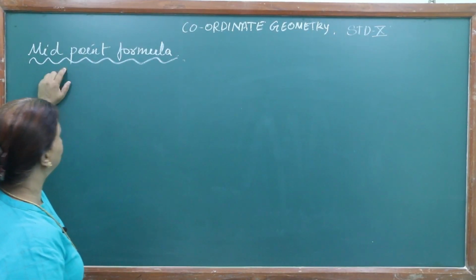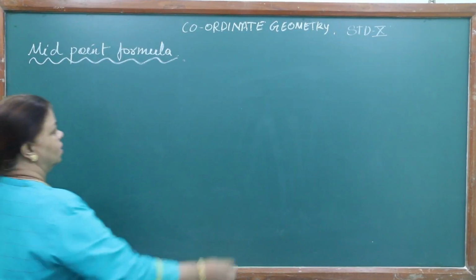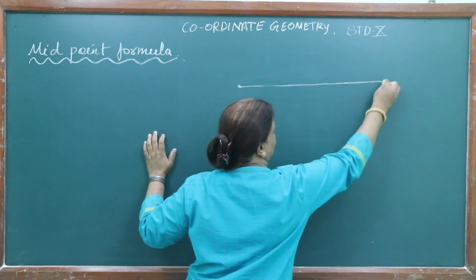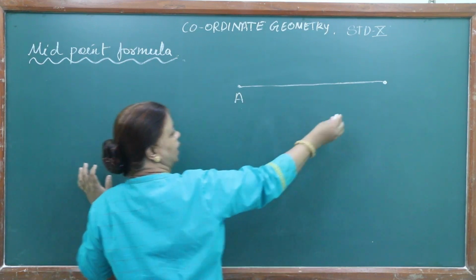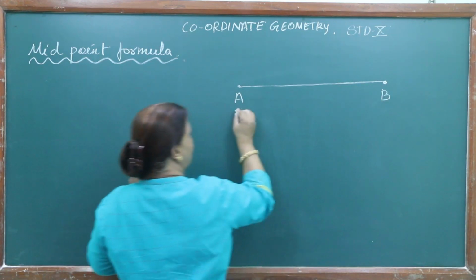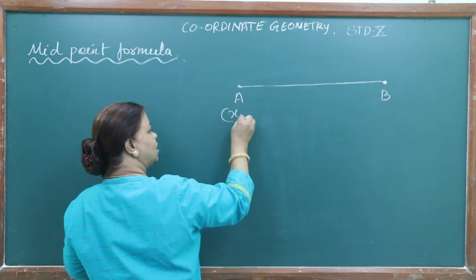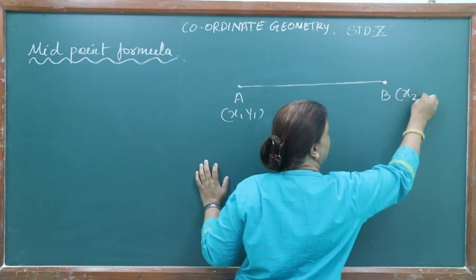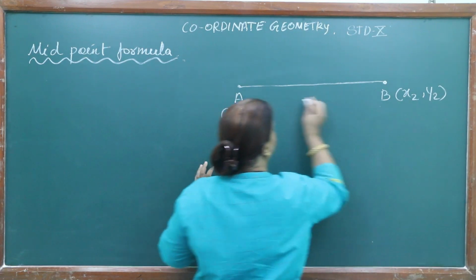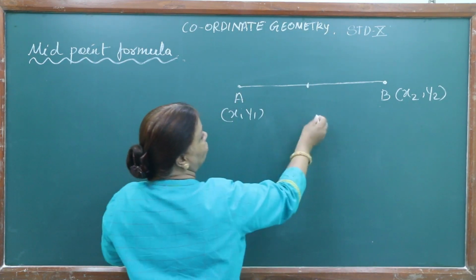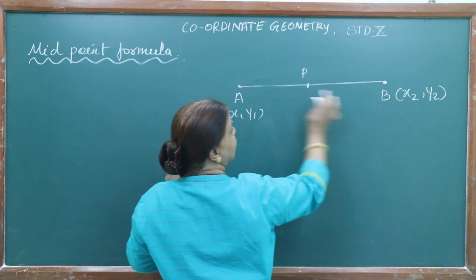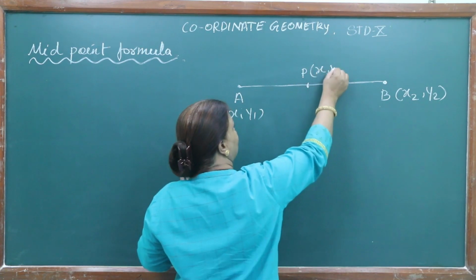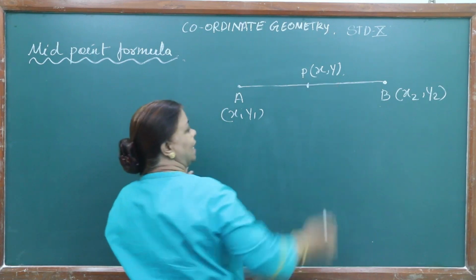Children, now we will learn midpoint formula. Suppose there is a line AB, and coordinate of A is x1, y1, coordinate of B is x2 and y2, and there is a point P which divides the line AB into equal ratio, and the coordinate of that point P is x, y.